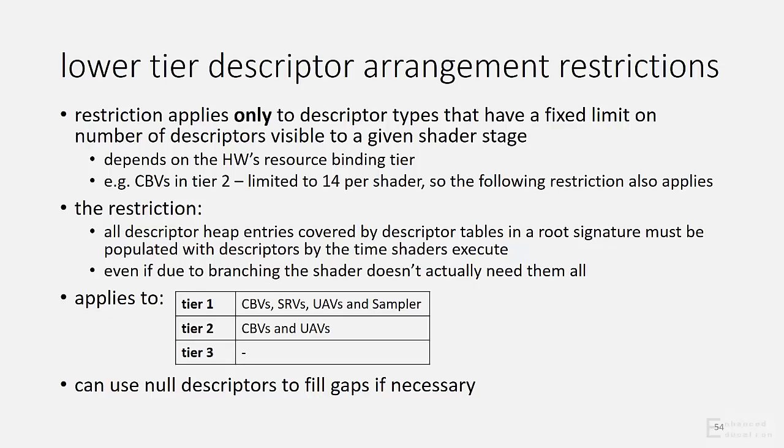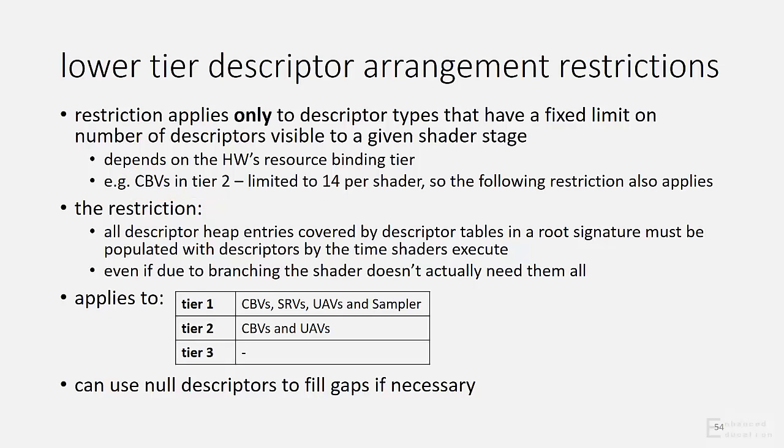An example is constant buffer views in resource binding tier 2, where you can only have at most 14 constant buffer views across all the descriptor tables that a given shader stage can see. So it's those types of descriptors with these fixed number limits that have an additional restriction that I'm going to describe.